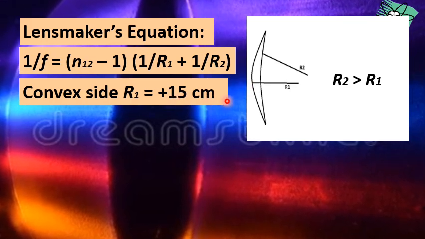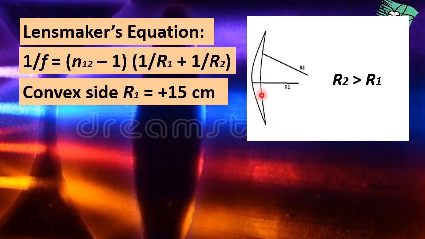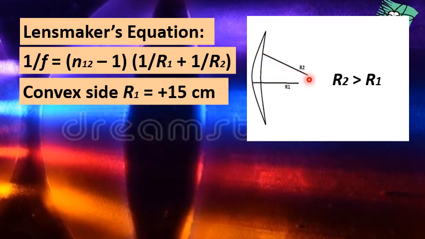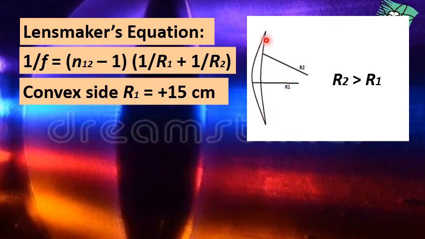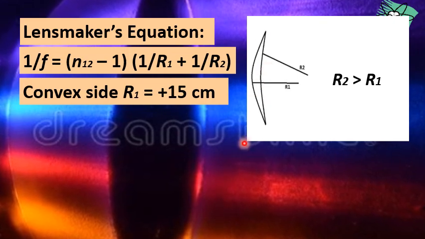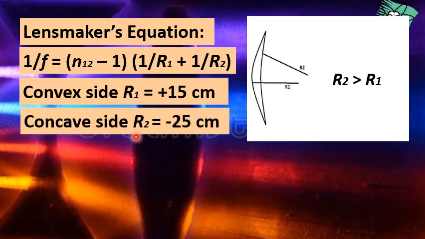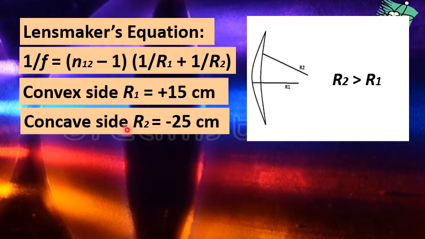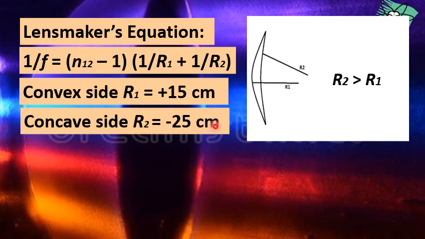While the opposite surface, which relative to an observer on the right curves inward, is said to be a concave surface whose corresponding radius is denoted by R2. So supposing that R2 is equal to negative 25 centimeters.